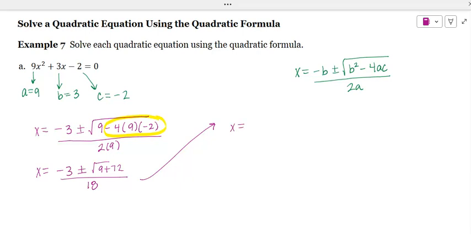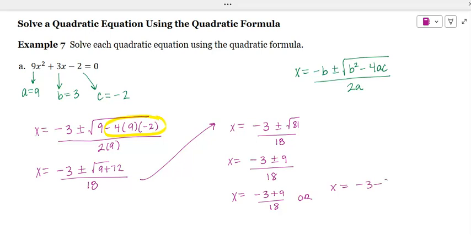So x is negative 3 plus or minus the square root of 81, since 9 plus 72 is 81. So I'm getting a plus or minus 9. So x equals negative 3 plus 9 over 18, or x equals negative 3 minus 9 over 18.